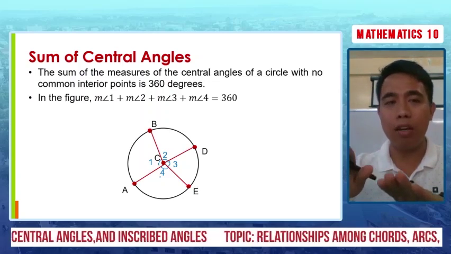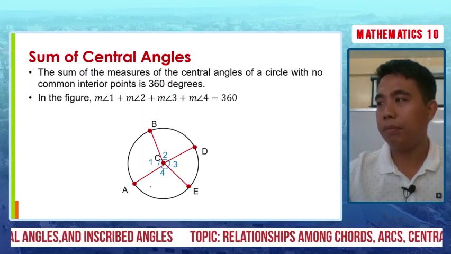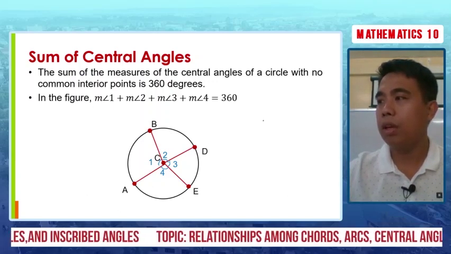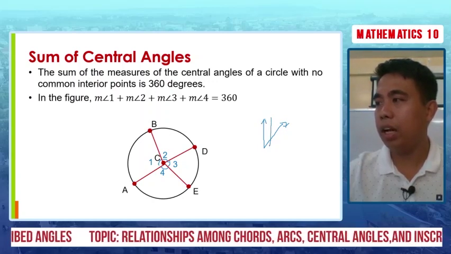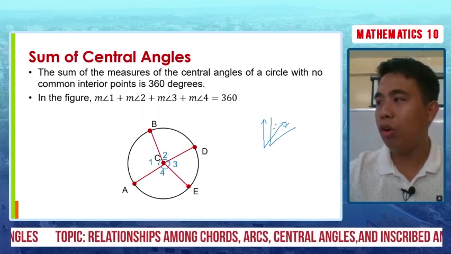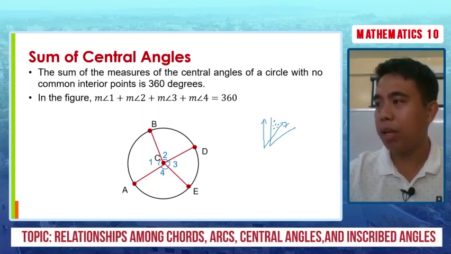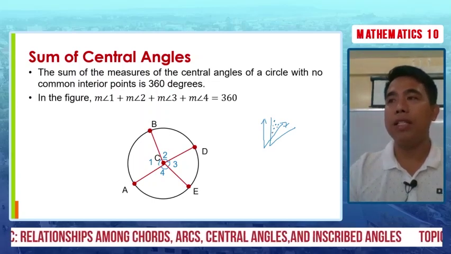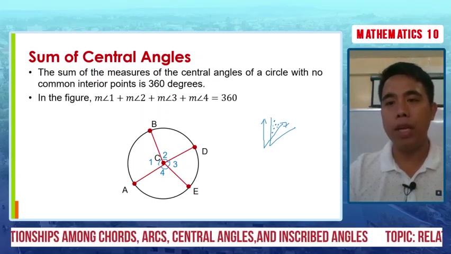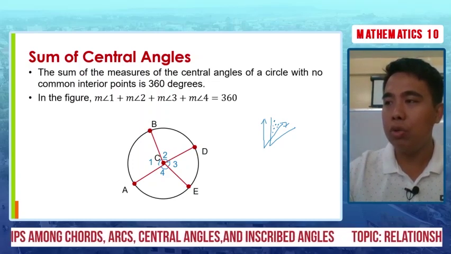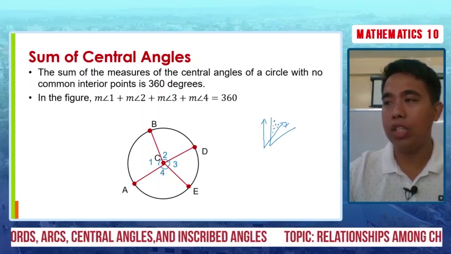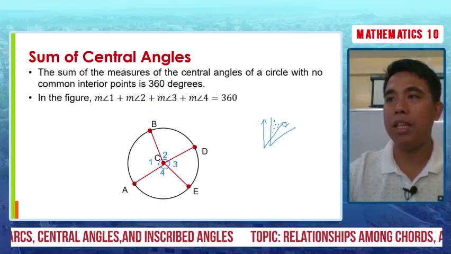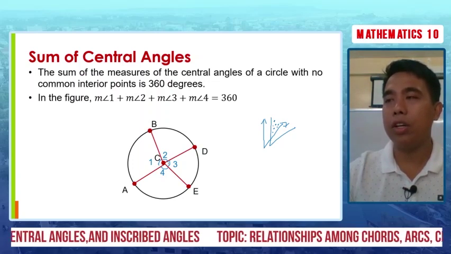Kapag meron siyang overlapping, for example, we have here an angle, and then another angle here, merong overlapping siya kasi may common points sila. Kapag sinabi nating no common interior points, adjacent lang yung 2 angles. So like angle 1 and angle 2, they are adjacent, no overlapping or no common interior points.